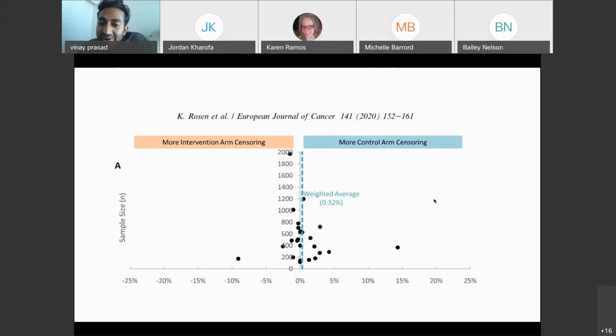Look at this trial over here. Look at that. Let me ask you something. If you saw one trial with this massive imbalance in censoring, would you be very happy with it or suspicious of it? Happy or suspicious? That's the choice. Suspicious.